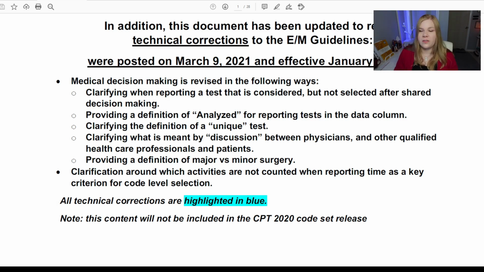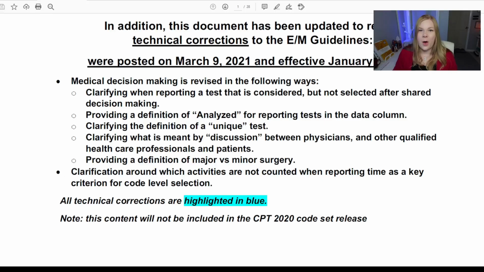So remember, with these new guidelines, we can code either based off of just time or medical decision making. So if we're coding based off of time, what is counted for time? And there's a little bit of tweaks in there. I don't think they're super drastic. I basically said everything except for rooming the patient or things that you're billing out separately, and they're just kind of building on that a little bit.